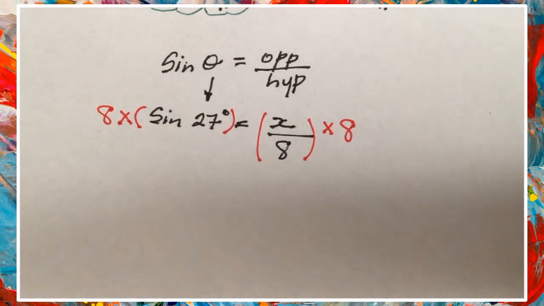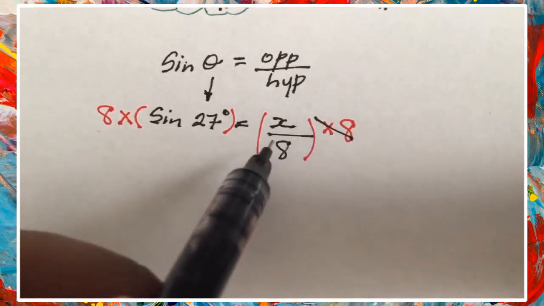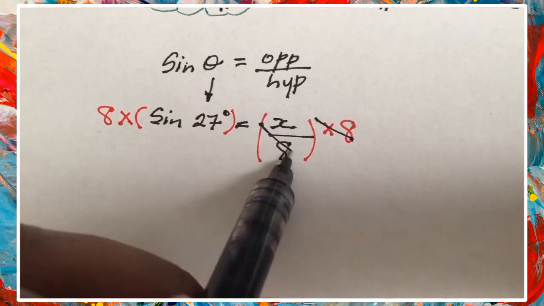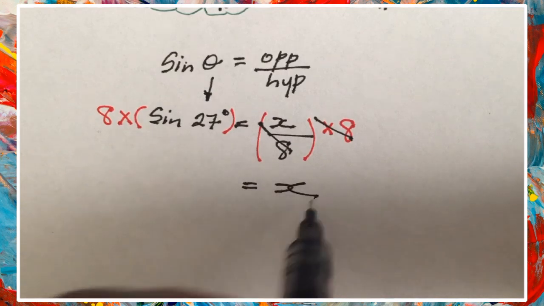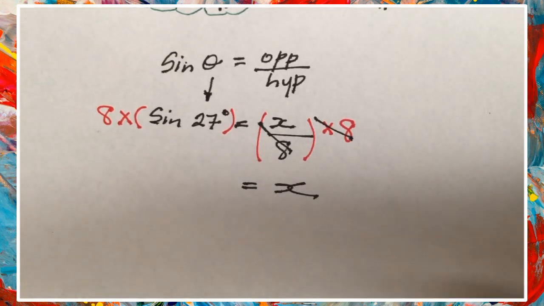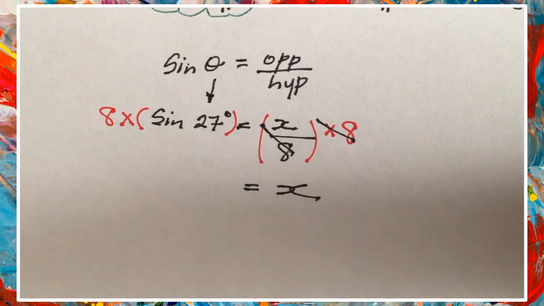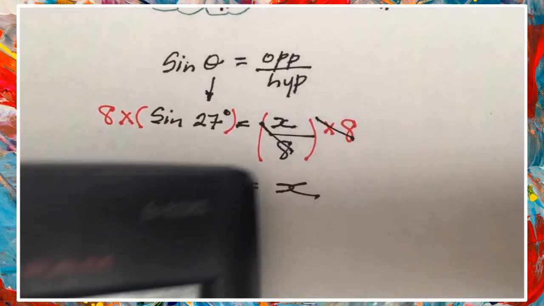So this multiply by 8 here cancels the divide by 8 here, leaving us with just x on the right. So we now need to calculate what the right side is equal to.